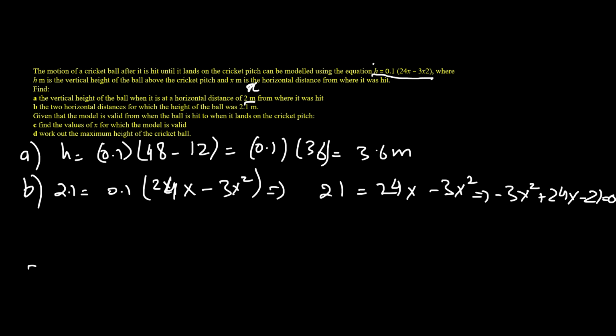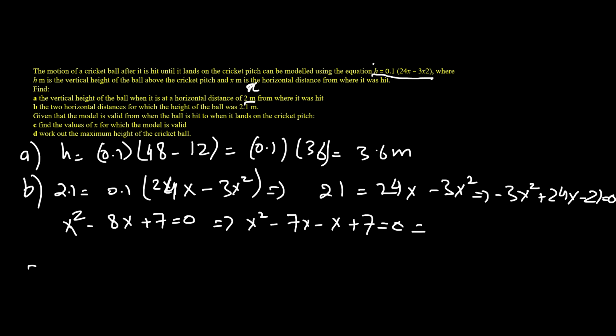We factor out minus 3, so it becomes x squared minus 8x plus 7 is equal to 0. So its factors will be something like this: x squared minus 7x minus x plus 7 equals 0.